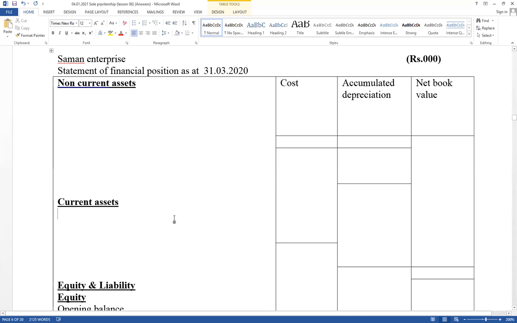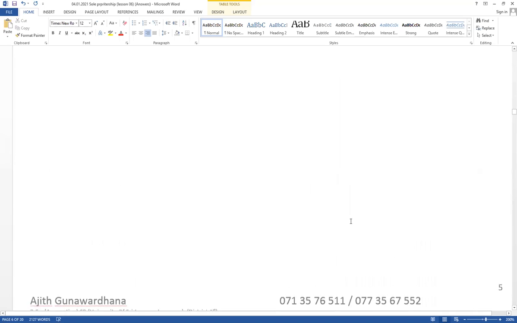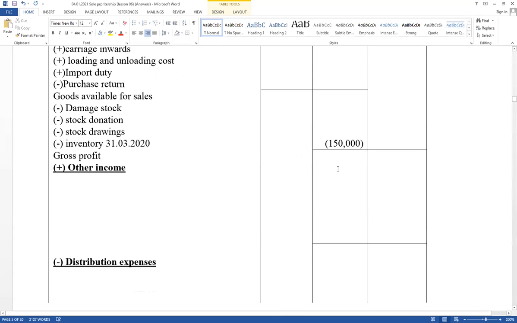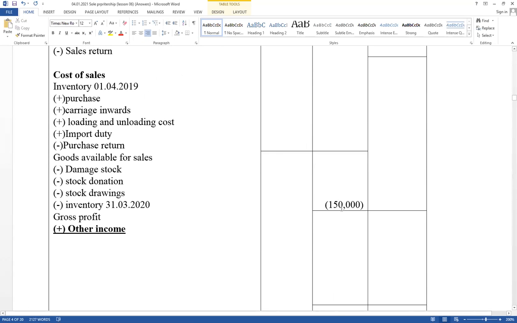Therefore, inventory or stock, second column, lower value 140,000. The cost value should be included under cost of sales calculation. There are 3 marks available: 1 mark here, stock written off 1 mark under other expense, as well as under cost of sales calculation the cost value 1 mark.